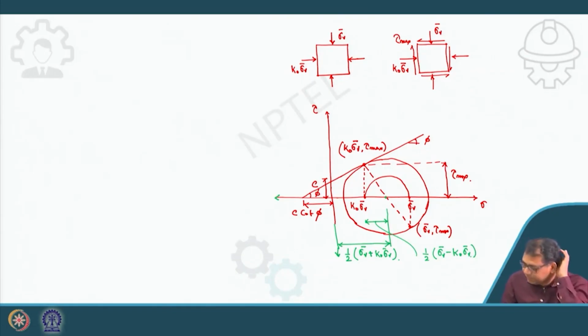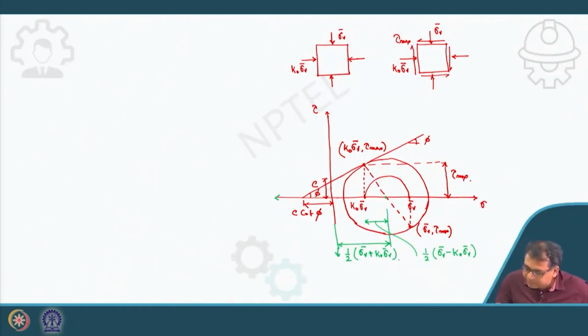So the center of the first Mohr circle that I am talking about will be half sigma v bar plus k0 sigma v bar, and the diameter of the Mohr circle will be half sigma v bar minus k0 sigma v bar.